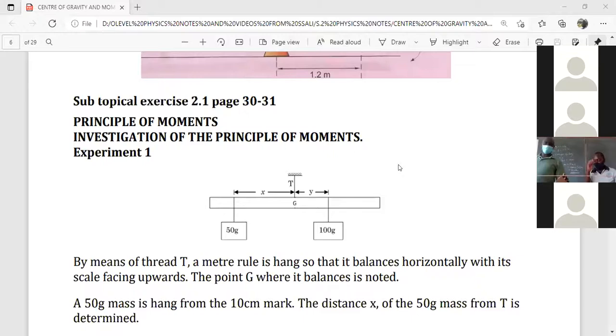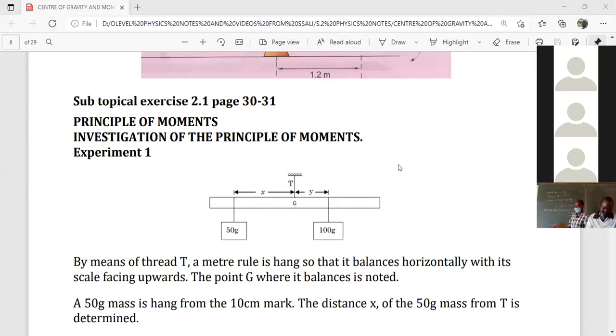Okay, I believe you are in position to see Mr. Senjovi. I see some hands up. Let's hear from you as you set up this experiment. Letitia, unmute and submit.